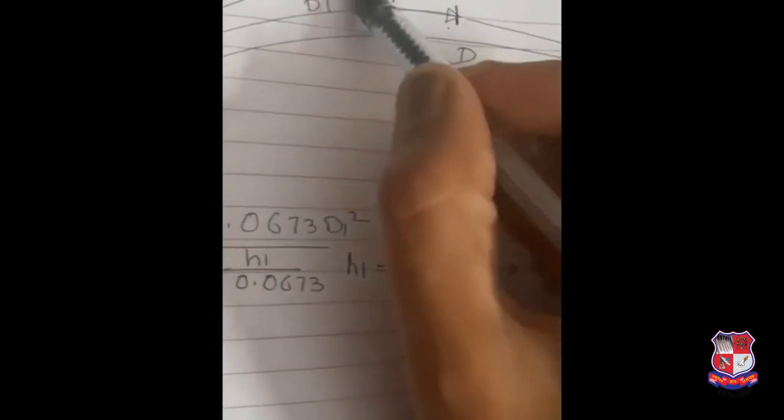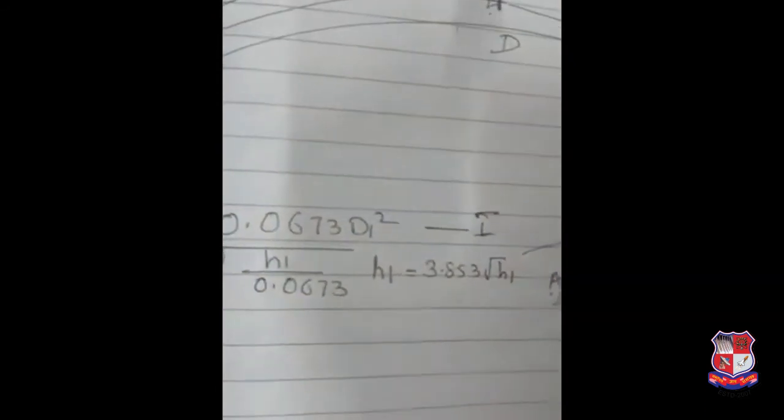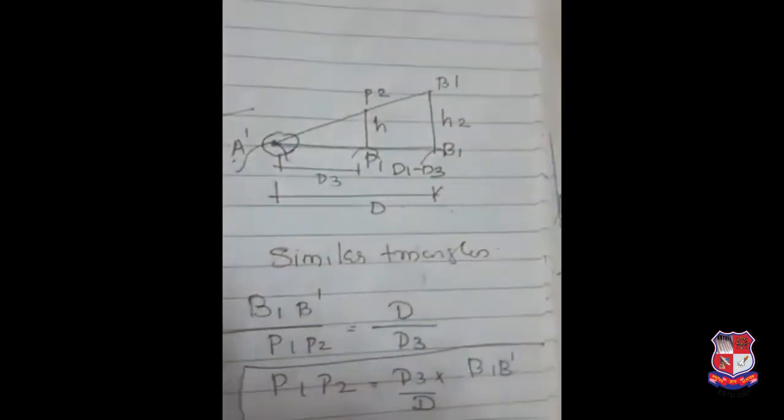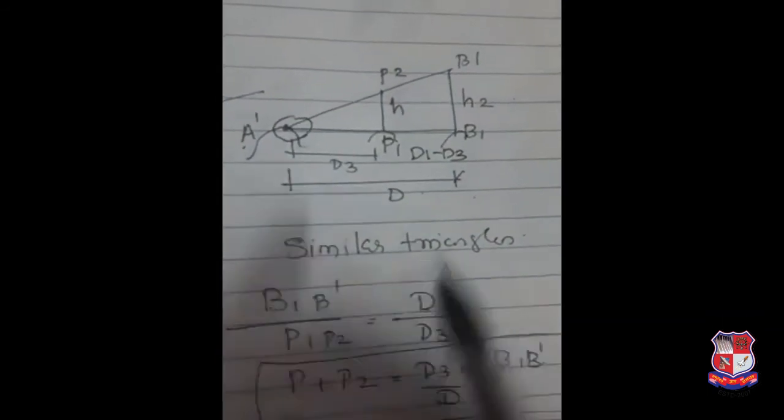This distance we know, the total distance, that is D. And up to here, what is the distance? D3, and this one is D1 minus D3. Equating that one, what will we get as the P1 P2 value? How much is P1 P2?